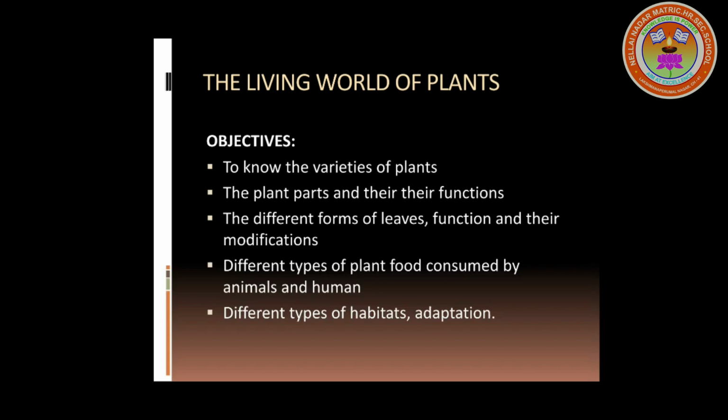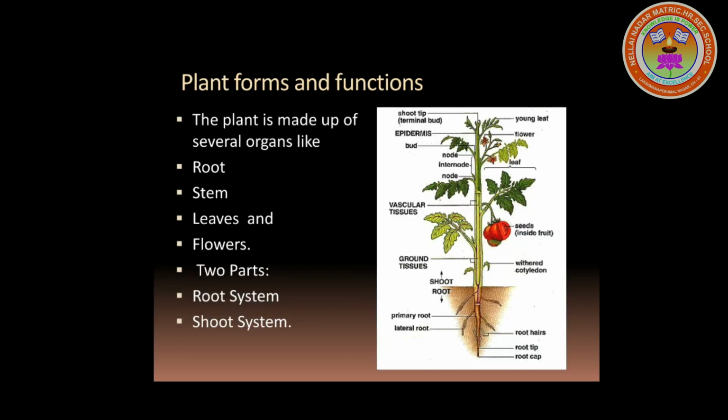We are going to see the different varieties of plants and their functions, the different forms of leaves, their functions and their modifications, the different types of plant food consumed by animals and humans, and different types of habitats and their adaptation. Do you have any doubt here? Now let us move on to the first part.